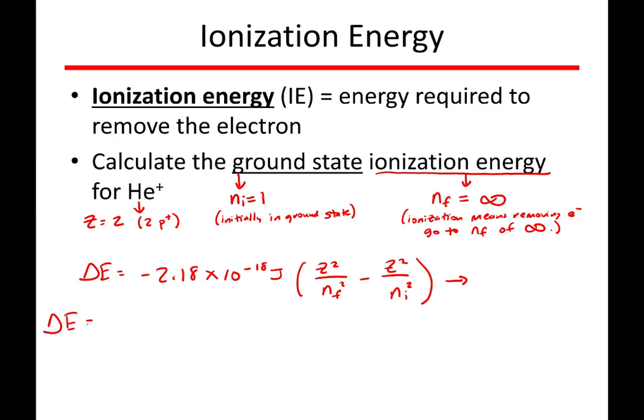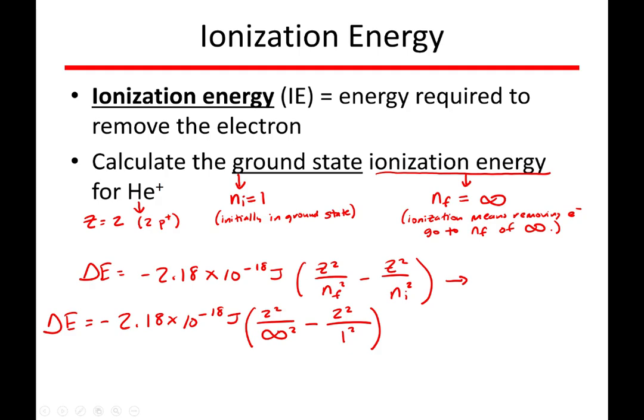Okay, with all of that in mind, let's now plug in the numbers that we've assigned here. So the value of delta E for this ionization process is negative 2.18 times 10 to the minus 18 joules times, we said that Z is 2 squared over the final level, which is infinity squared, minus 2 squared over the initial level, which is initially the ground state, N equals 1 squared.